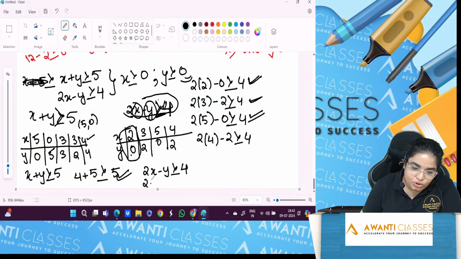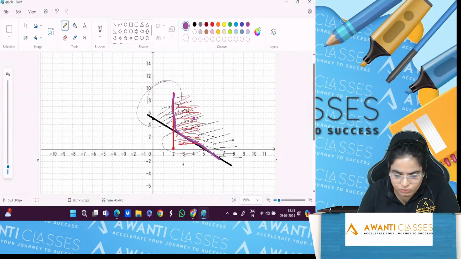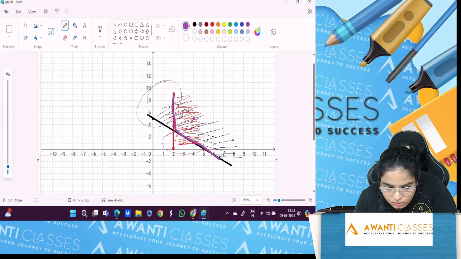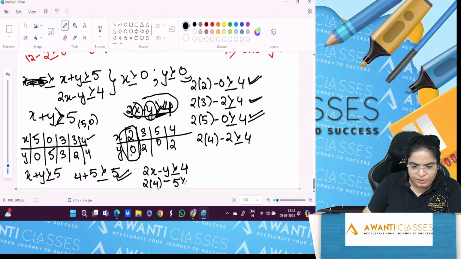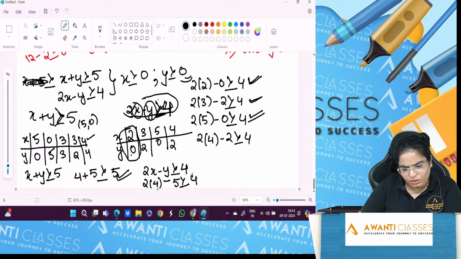If I take 4 as x and 5 as y. Wait, what? It should work, no? It should be greater than or equal to 4. Does it work? Wait.